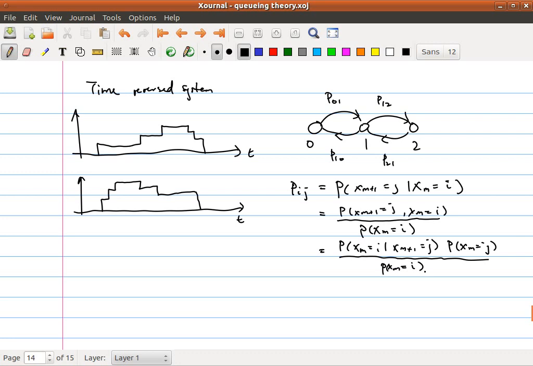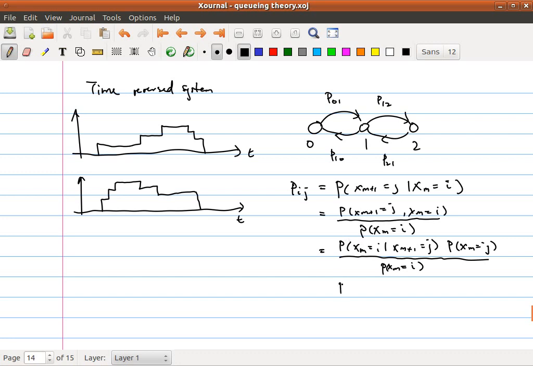But let's see, what is this probability here? This is the probability that, given that at the next time instance the state is equal to j, the current state is equal to i. So basically this is really the transition probability of the time-reversed system.